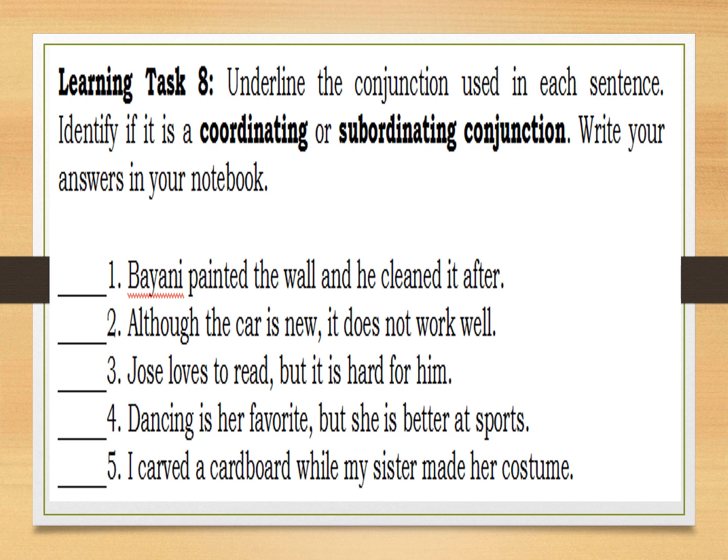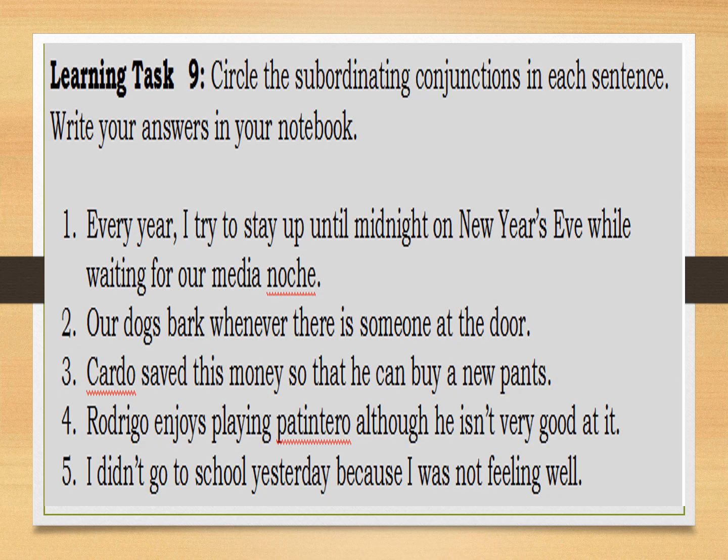Underline the conjunction used in each sentence. Identify if it is a coordinating or subordinating conjunction. Write your answers in your notebook. Learning Task 9. Circle the subordinating conjunction in each sentence. Write your answers in your notebook.